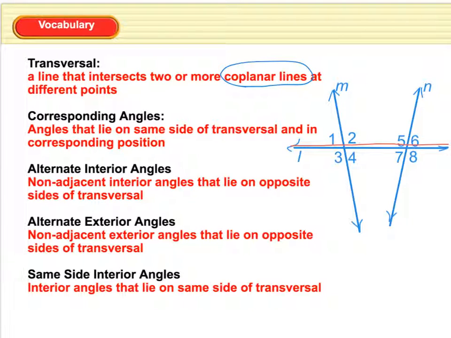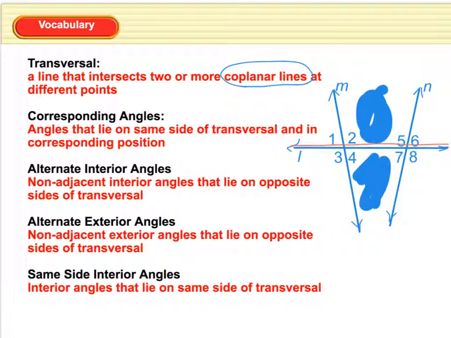What we didn't mention is that when the transversal cuts through two lines like L does with M and N, let me see if I can change the color. Make it a little bit bigger. Let me get a different color. The inside blue part that I just colored, those are called interior.